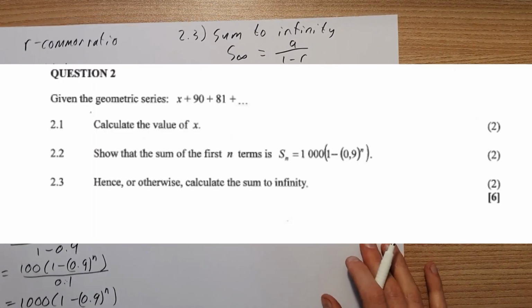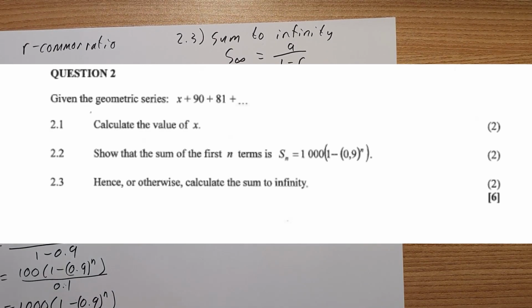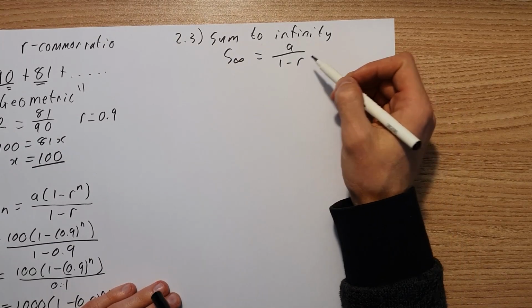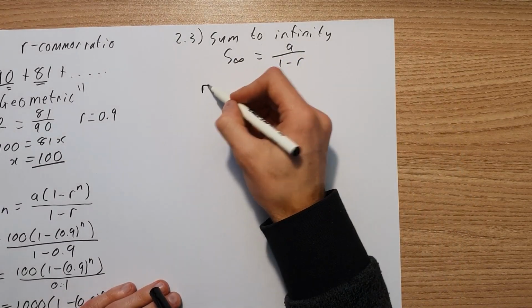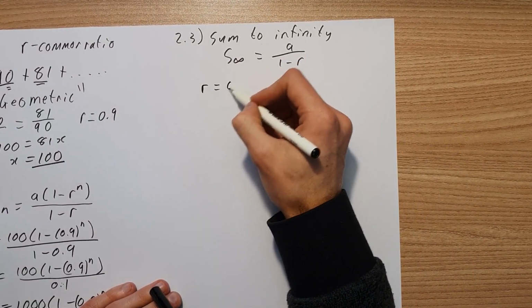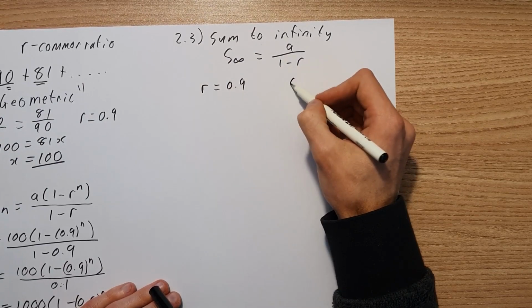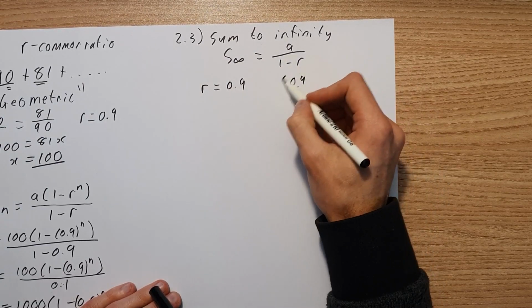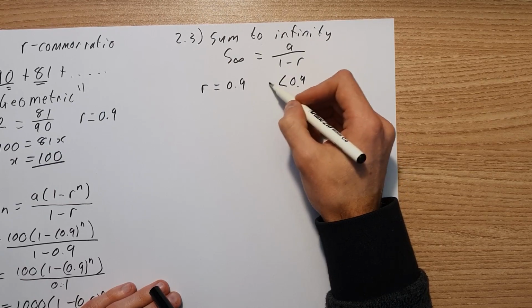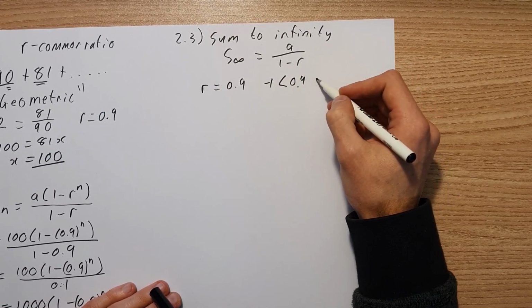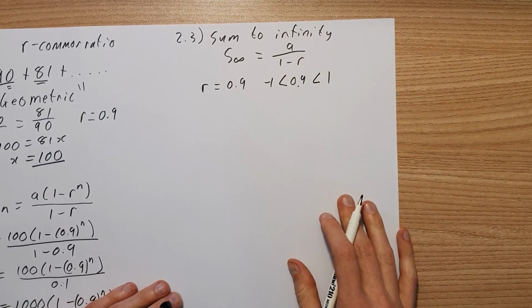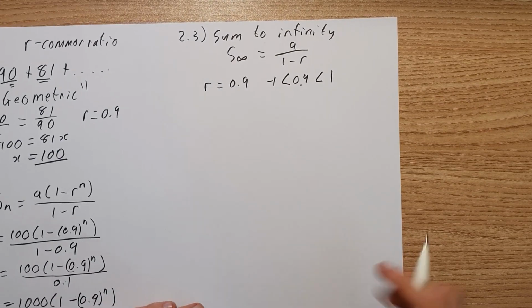Now 2.3 says hence, or otherwise, calculate the sum to infinity. A quick thing we should notice here is that r is equal to 0.9. Now 0.9 is indeed greater than -1 and less than 1, so we know that this series will converge.